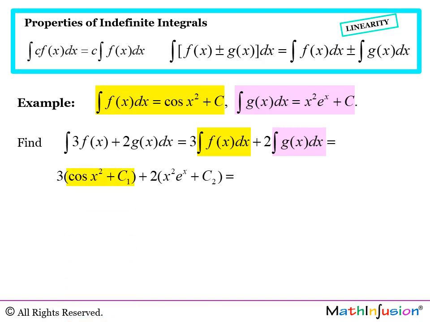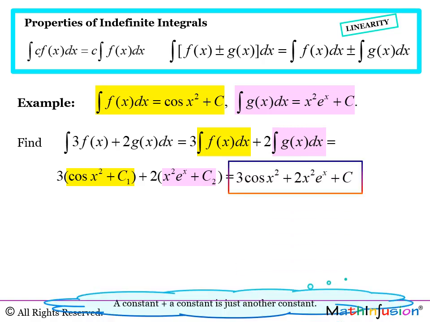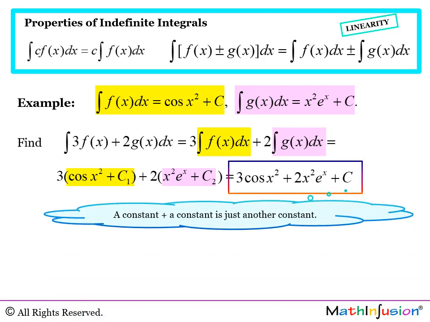But now observe, I get c1 from the first integral, the integral of f(x) dx. Then I get another constant from the other integral of g(x) dx. But the magic of those constants is that I can combine them together. A constant plus a constant is another constant.